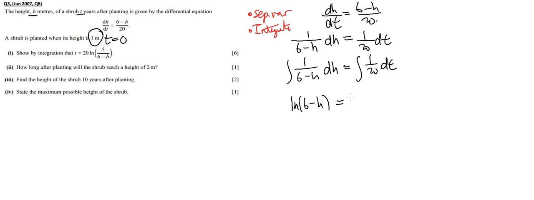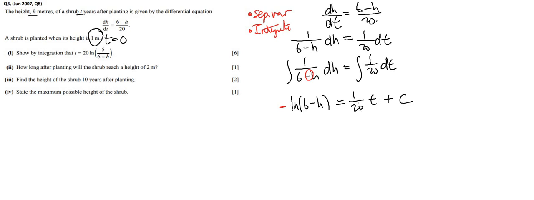The only thing I have to remember is that if there is a coefficient, in this case because it's a negative number, that coefficient is -1, I have to divide by it. So that's minus ln of (6 minus h). And 1 over 20 is easy enough, that's just 1 over 20 t, because we're integrating with respect to t. And remember to put in my constant, because it's not a definite integral, as there are no limits given.